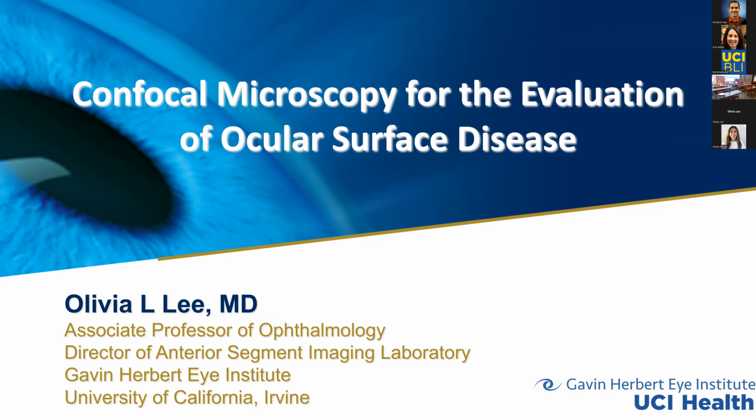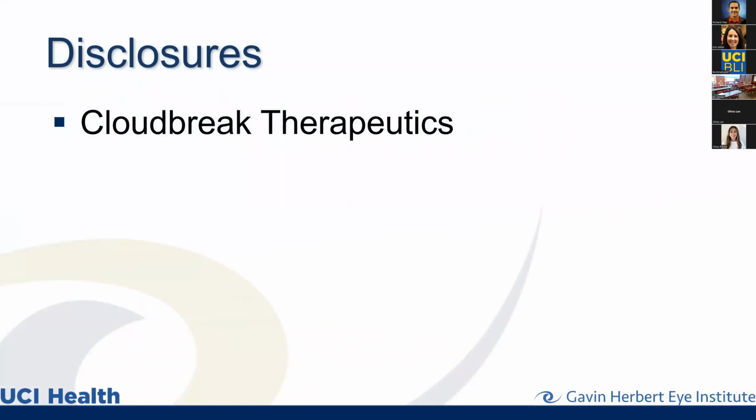And so not a lot of places have a confocal microscope, and those that do tend to use it for that purpose. And I want to tell you about this clinical and research use of this device that I have had experience with for about 10 years. So here are my disclosures, although none are relevant to today's talk.